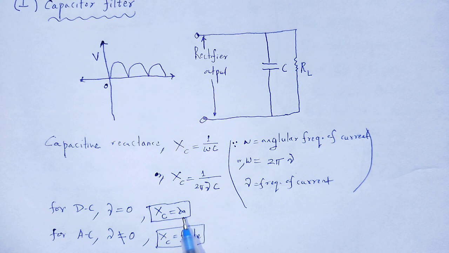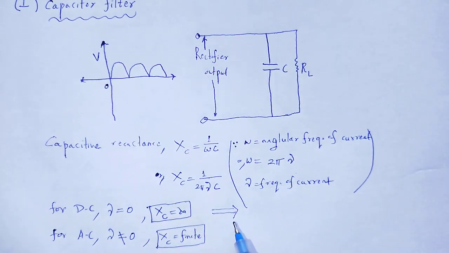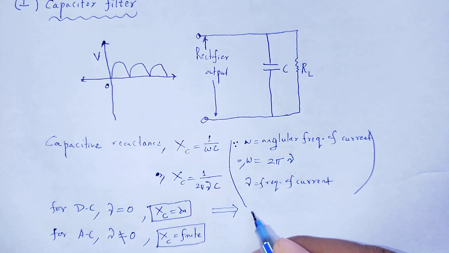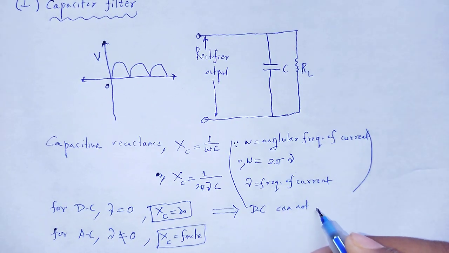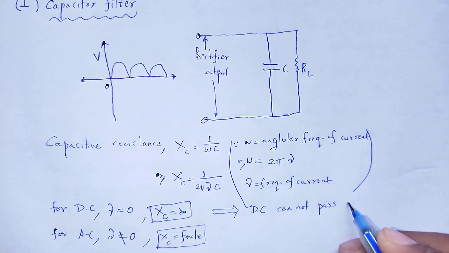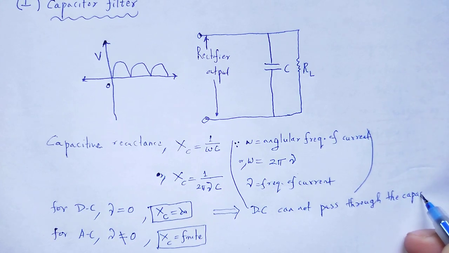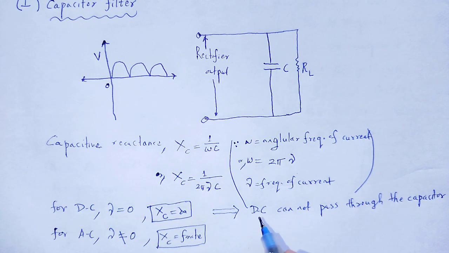Xc infinity, what exactly does it indicate? DC cannot pass through the capacitor, because the capacitor offers infinite reactance to direct current.